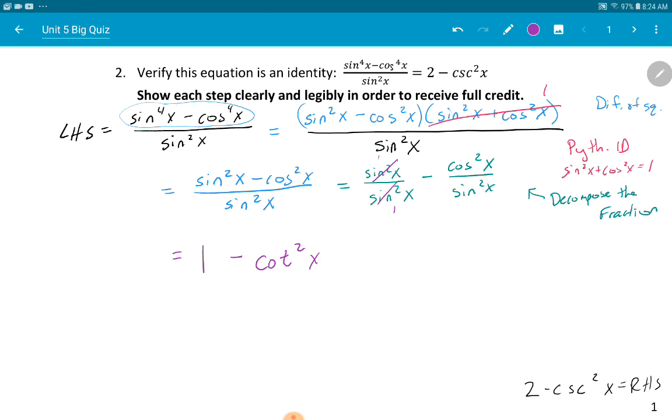So I did two things there. In step 1, to make the sine over sine 1, that was just the identity property of multiplication. I'm not going to write that one. But changing cosine squared over sine squared to cotangent squared, that is the ratio identity.